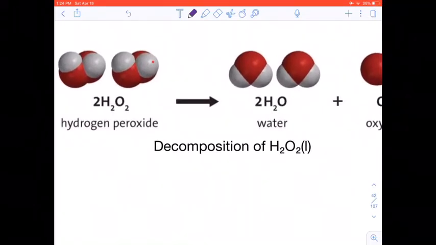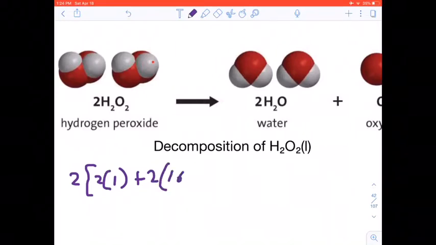Which means if we have, for instance, 2, and we know what the relative atomic mass of hydrogen is, so it's 2 times 1, plus we know oxygen, it's 2, and we know what its relative atomic mass is.